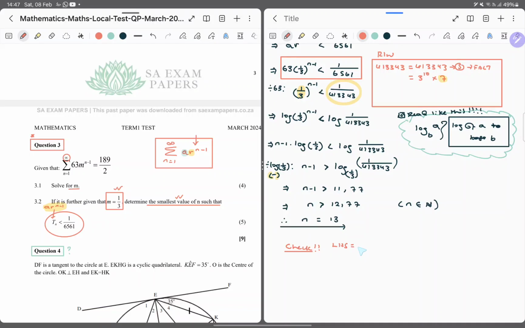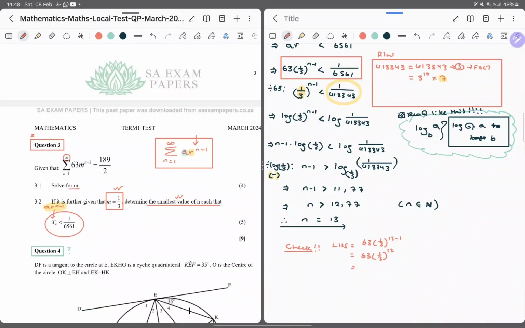Now, the left-hand side is going to be 63 into a third raised to the exponent 13 minus 1. This is the same as 63 of a third to the exponent 12.